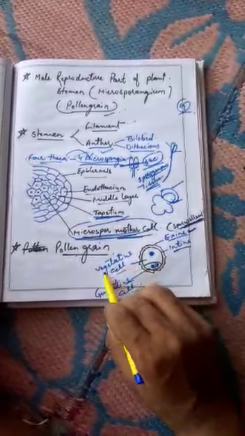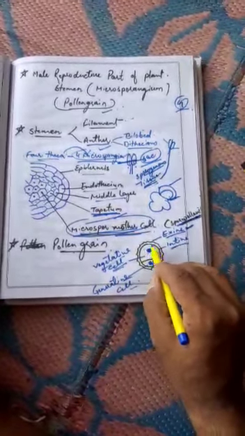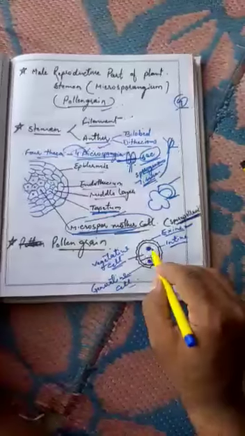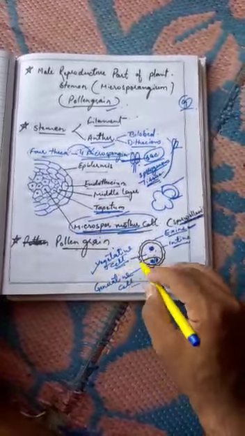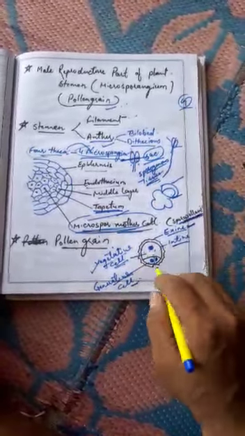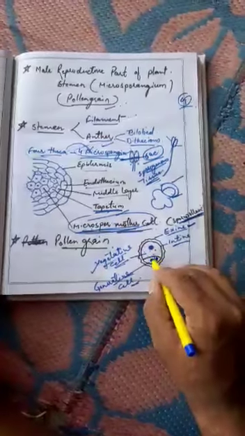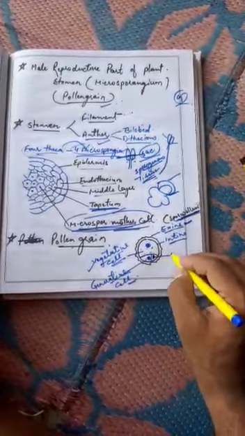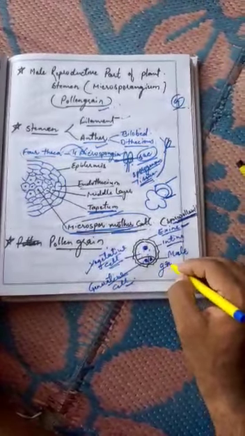Now the first cell, the vegetative cell, has much cytoplasm and one floating nucleus, and it provides energy to the generative cell. The vegetative cell's work is to provide the generative cell energy. Now what is the function of the generative cell? The generative cell contains the nucleus, the male gamete.